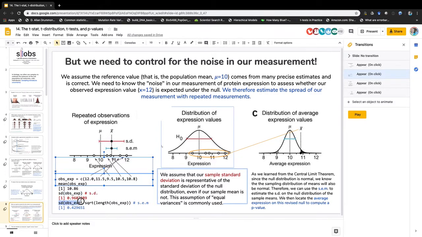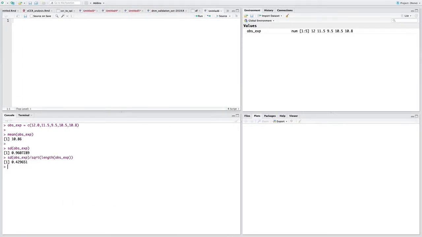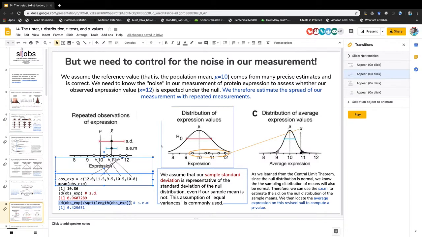And we can compute the standard error of the mean, which, remember, is nothing more than the sample standard deviation, which I just computed, 0.96, divided by the square root of the sample size. So what we assume about the null distribution is that it's normally distributed, and we can use the sample standard deviation to represent the standard deviation of the null distribution.